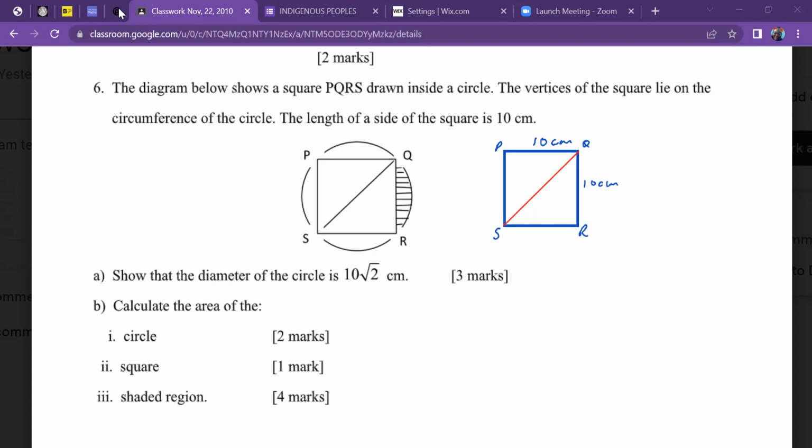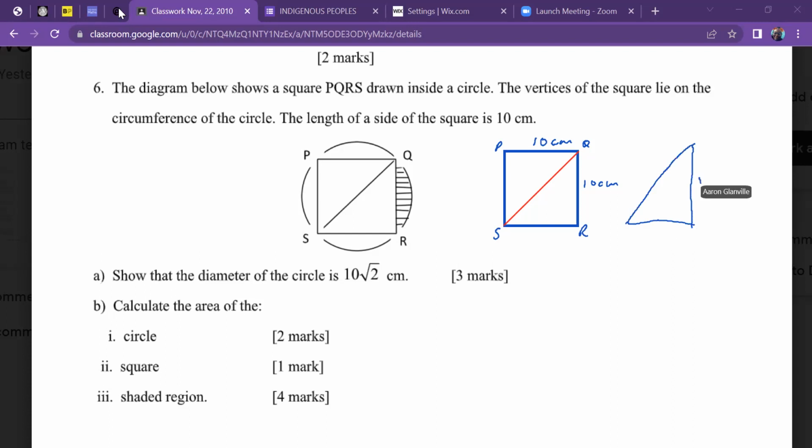Now, if that's the diameter, then I can split up this square into 2 triangles, especially 2 right angle triangles. Please forgive my handwriting.